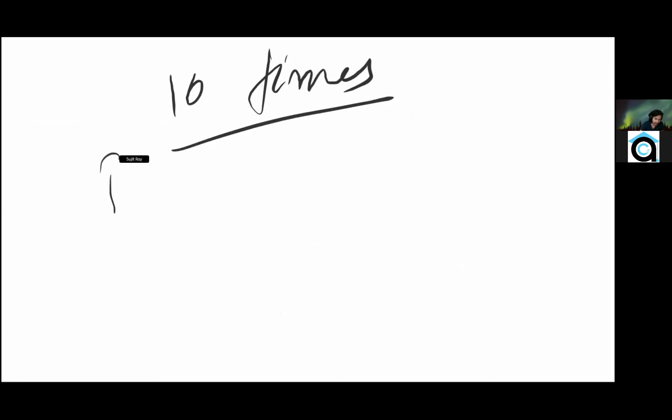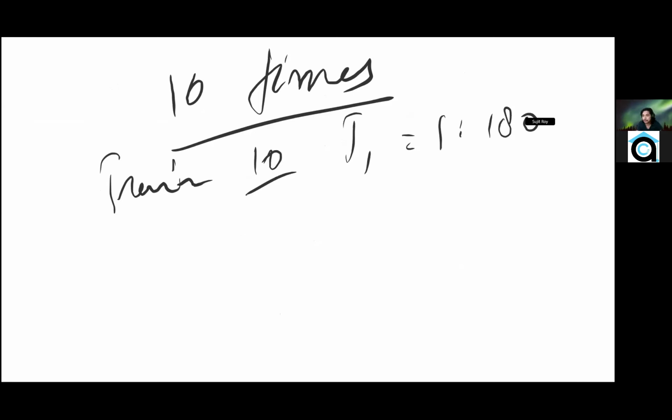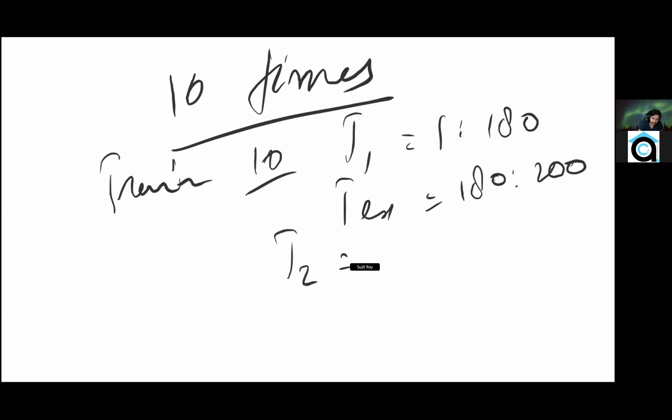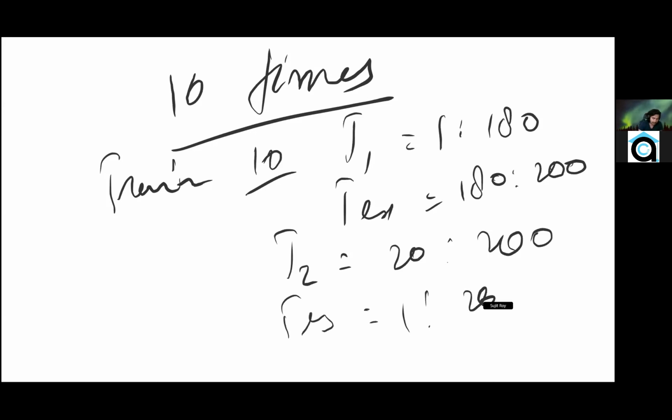So I will train my model 10 times. T1 will have, let's say, data sets 1 till 180, and then I test it on 180 to 200. T2 will similarly have 20 to 200, and the test will be 1 to 20. Similarly, you will do all the permutations and combinations to make the different folds.